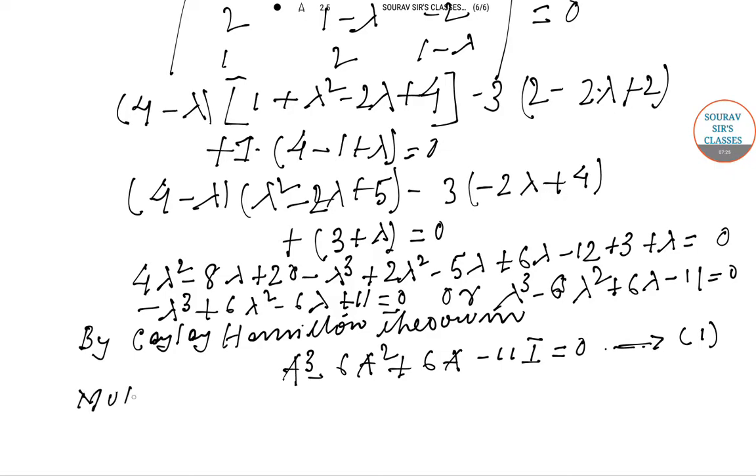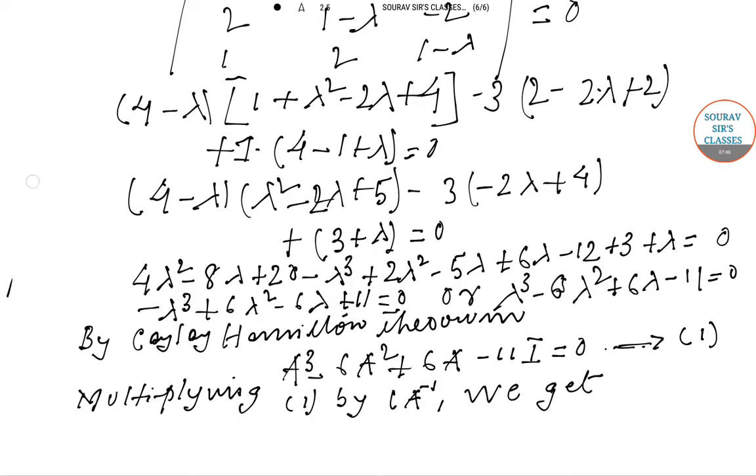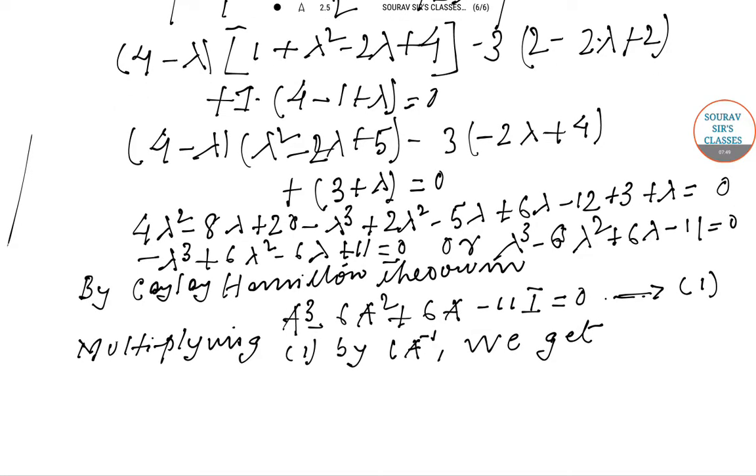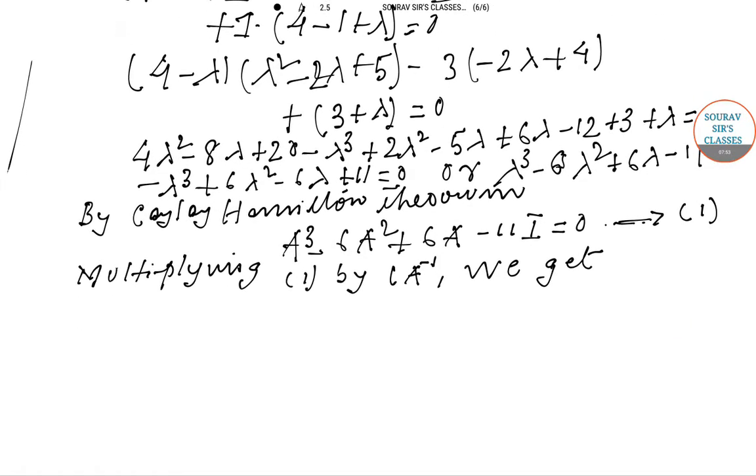Write like this: multiplying by A inverse, and then we get A square minus 6A plus 6I minus 11A inverse is equal to 0.